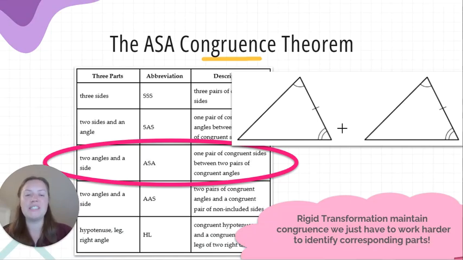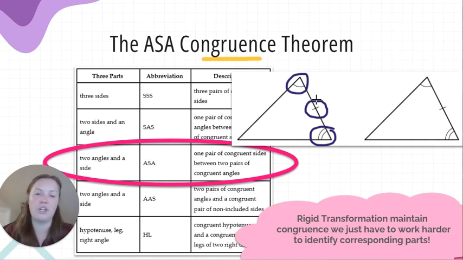Now, in our pictures here, you can see that it's important to note that when we discussed side-angle-side, we talked about how the angle had to be included, like in the middle between the two sides. In this case, angle-side-angle is the same but reversed. So we know two angles, and that side has to be right smack dab in between them to show that two triangles are congruent.